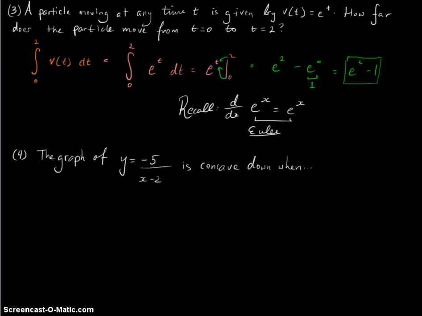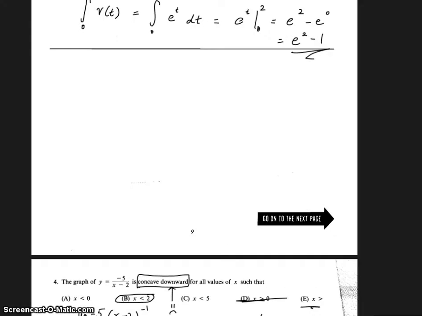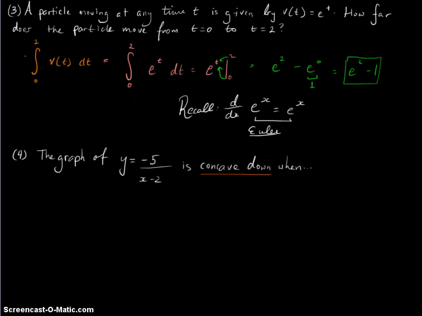Alright, question number 4. The graph of y equals negative 5 over x minus 2 is concave down when... Actually, let's check that I wrote the question right. Yes. Okay, so it's concave down when... So concave down, what is this representing?